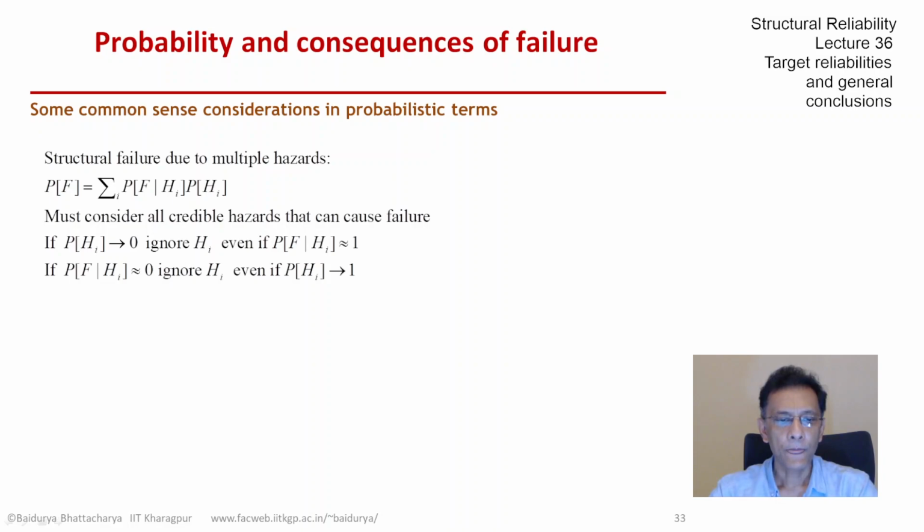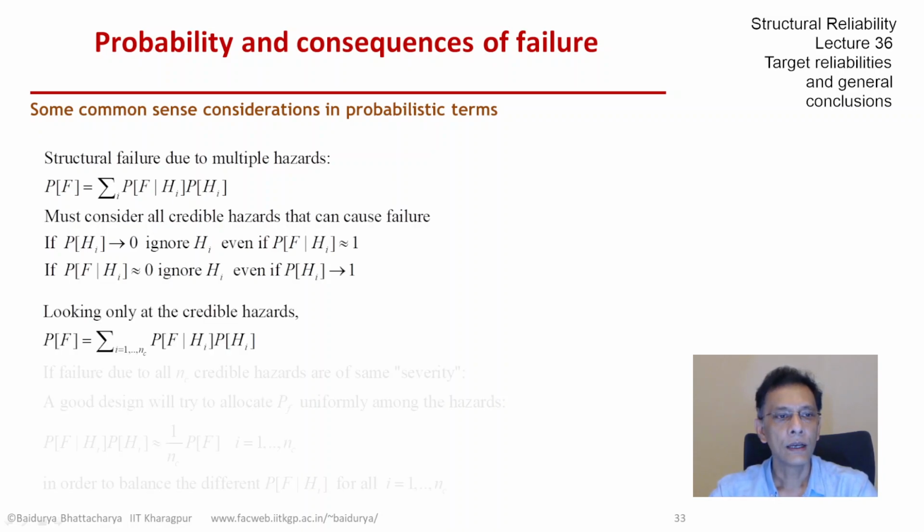So now looking only at those credible hazards, and let us say we have NC of them, we should reduce the number of H's that we consider, and P of F would be the sum over only the NC of them.